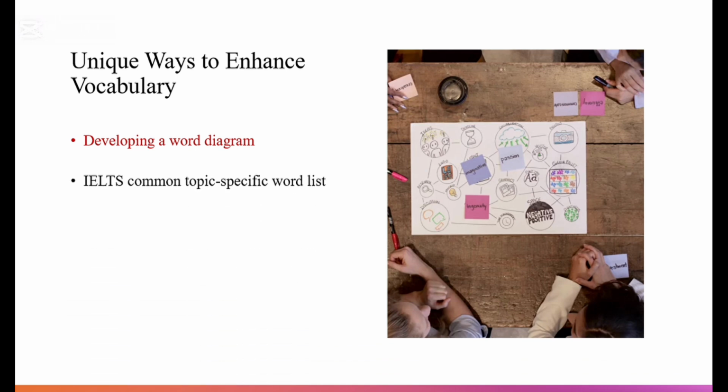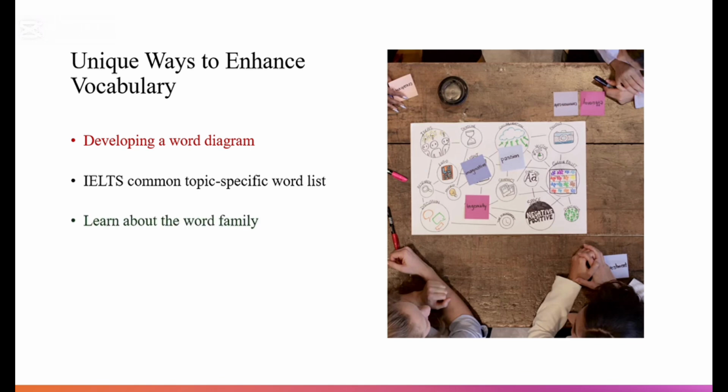The second thing is we need to learn the common topics that you can have in your IELTS exam. For every topic there is a different kind of vocabulary that you need to learn. I'm going to explain all these important topics. The third thing is the word family.